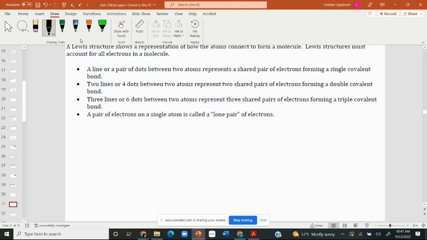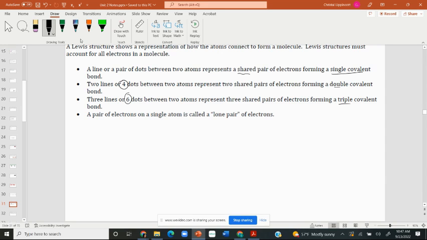A line indicates 2 shared electrons, which would be a single covalent bond. 2 lines is going to be a double bond, which is 4 electrons. And 6 electrons, which would be 6 dots, would form a triple covalent bond.